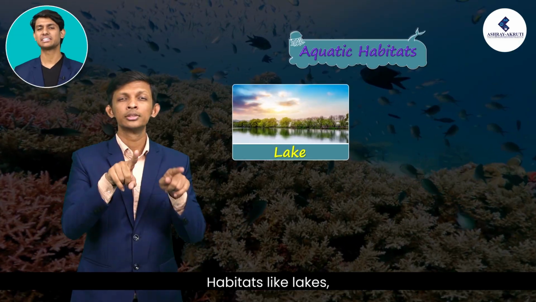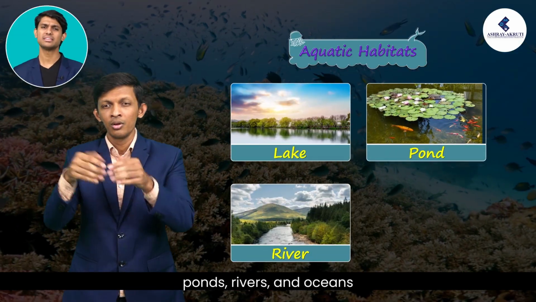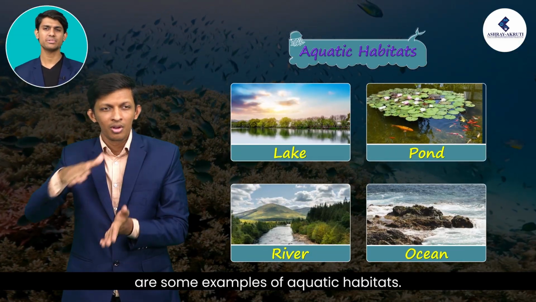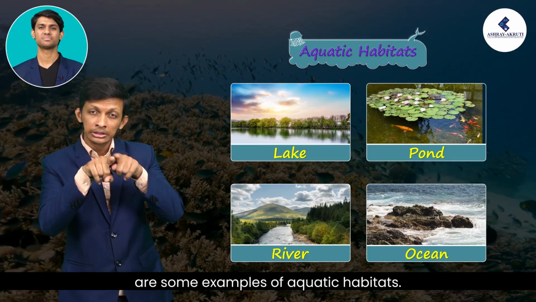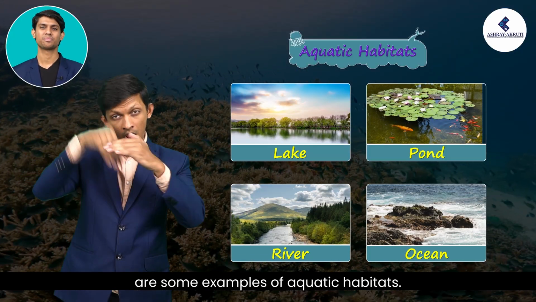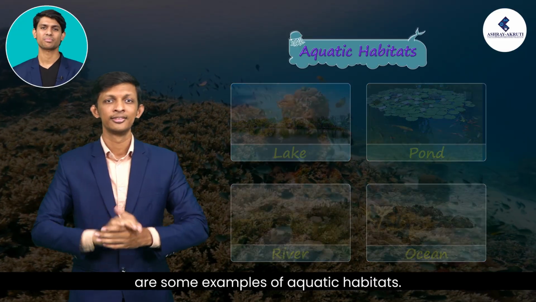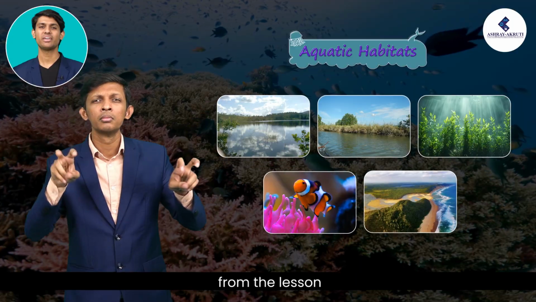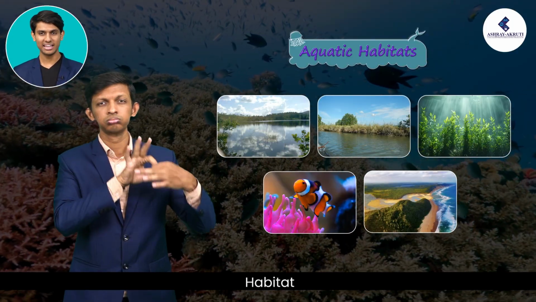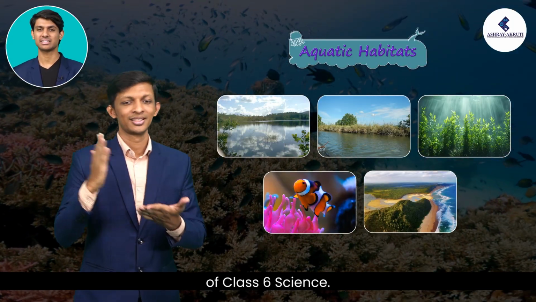Habitats like lakes, ponds, rivers, and oceans are some examples of aquatic habitats. Let us start with the topic aquatic habitats from the lesson Living Organisms, Habitats and Adaptations of Class 6 Science.